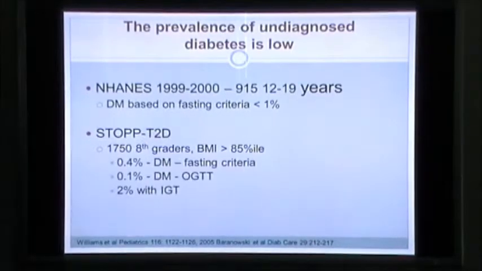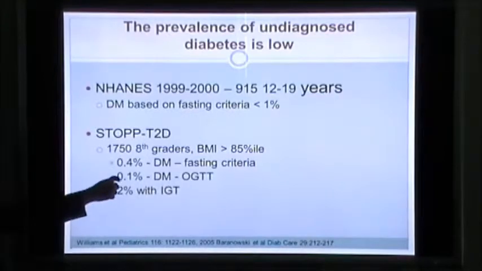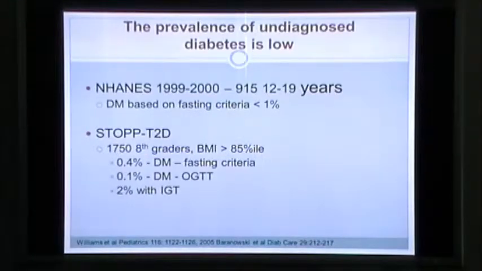What they found, to their surprise, was that diabetes was present in only 0.4% of these children by fasting criteria, and on glucose tolerance test, 0.1%. Extremely rare to find children who are not presenting clinically. Is that the same experience here? Yeah. Well, this has serious implications for screening and identification of cases for clinicians.